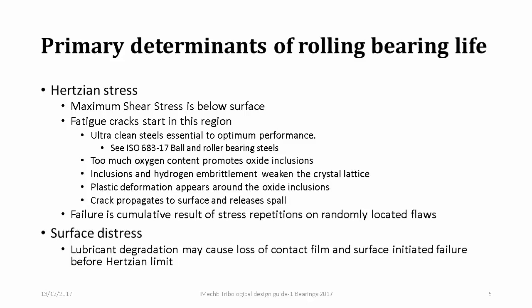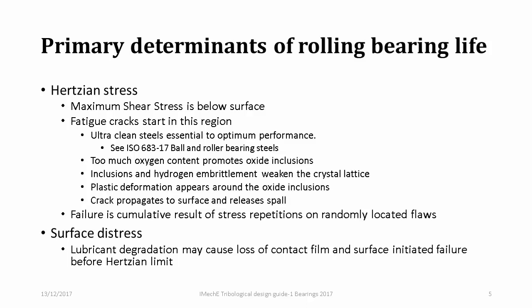Plastic deformation appears around the oxide inclusions, the crack propagates to the surface and releases a spall, as I've already mentioned. So failure of a bearing in this sense is the cumulative result of stress repetitions on these randomly located flaws.